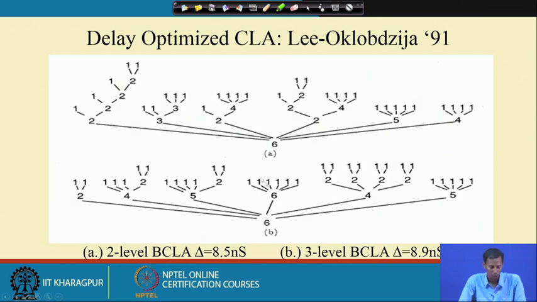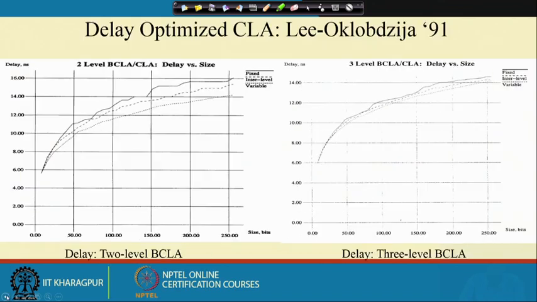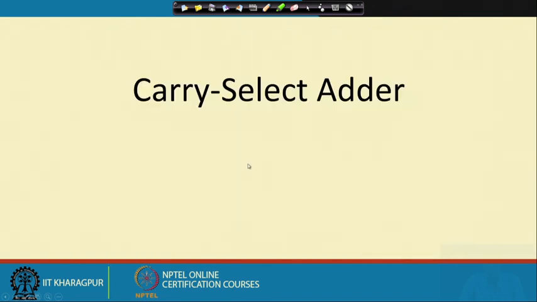But the levels if I consider, then 1, 2 and then 3. But here the delay is 8.5, while in this particular case the delay is 8.9. In the previous slide also, if you see, it has a slight difference. If we increase the level, it has a slight difference from the 2 level CLA optimization.